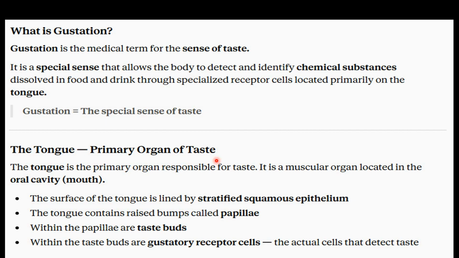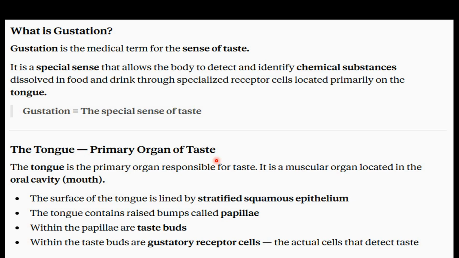So we can say that it is a special sense that allows the body to detect and identify chemical substances dissolved in food and drink through specialized receptor cells located primarily on the tongue. These cells are located on the tongue, and from there they detect and identify the chemical substances dissolved in the food and drink. So we can conclude that gustation means the special sense of taste.